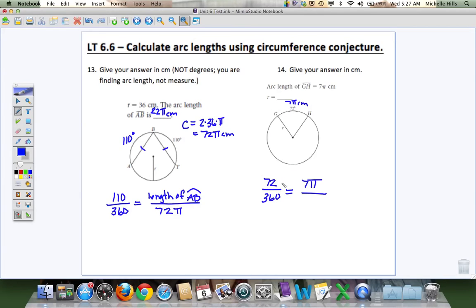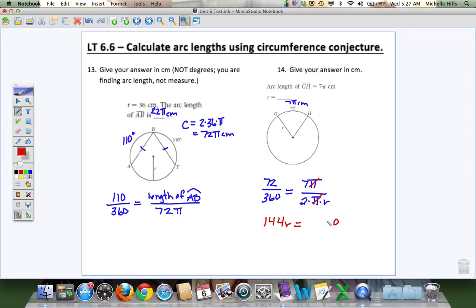The circumference is the same thing as 2 times pi times the radius. Before I do anything else, these two pi's can cancel, making my life a little easier. 72 times 2r is 144r, which equals 7 times 360.